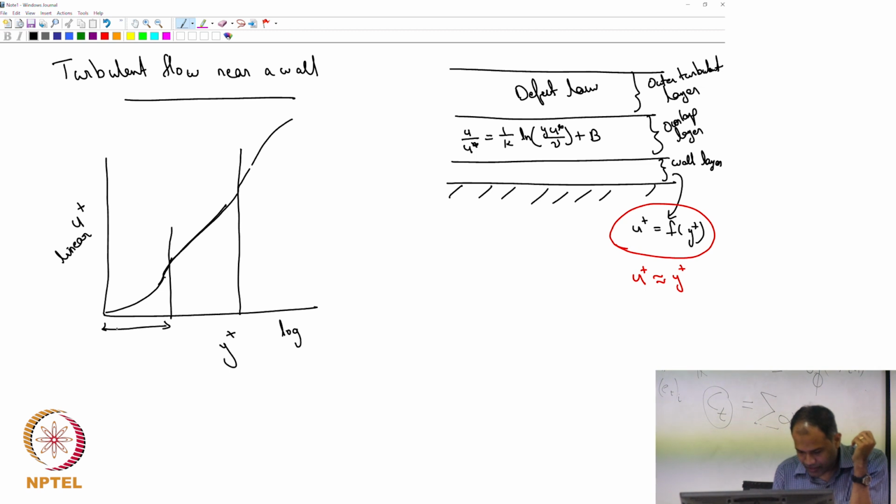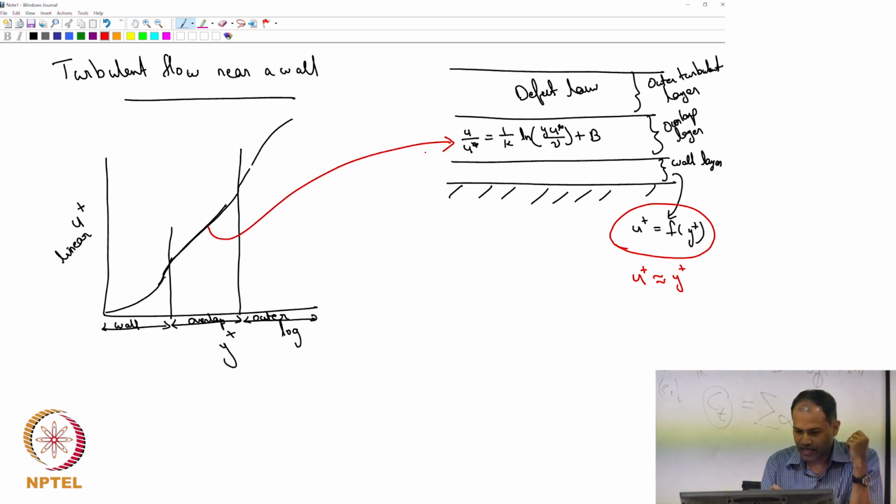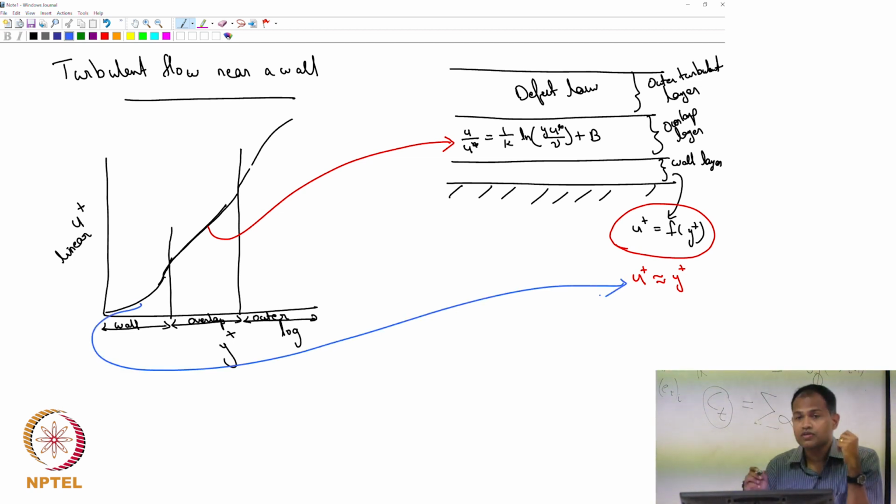That's my wall layer, this is my overlap layer, and that's my outer turbulent layer. Here we already know the law that governs the outer layer, and that's what we have plotted.